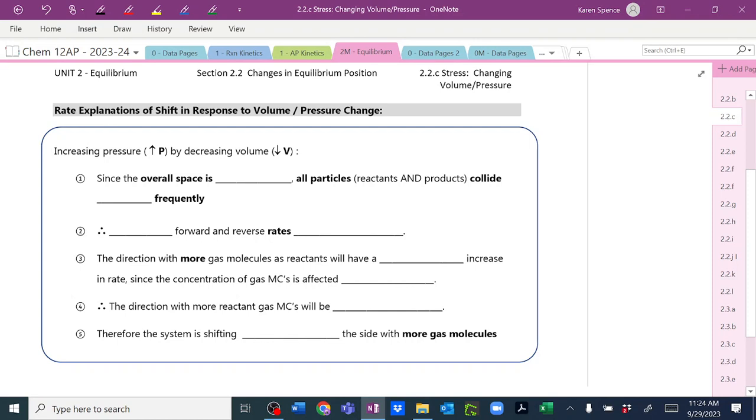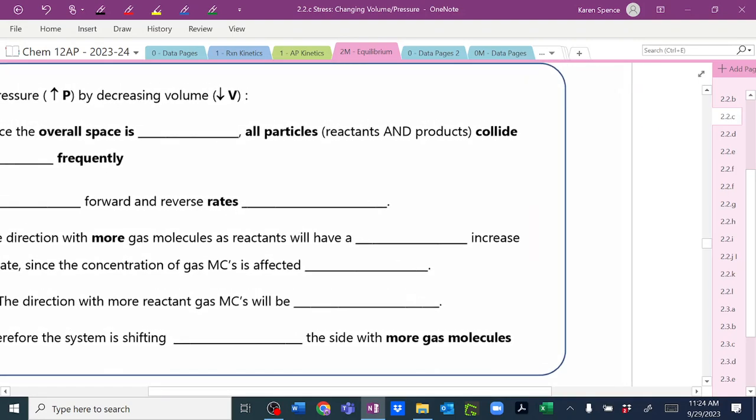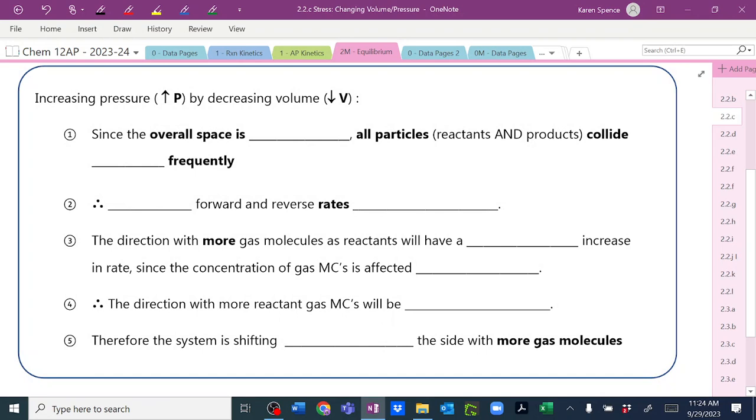Do you think you could fill these in on your own? You want to try? Okay. So in the first instance, you are increasing pressure by decreasing the volume.